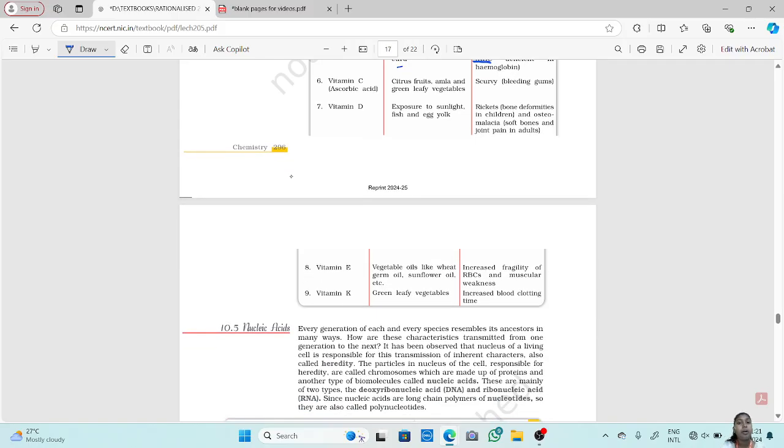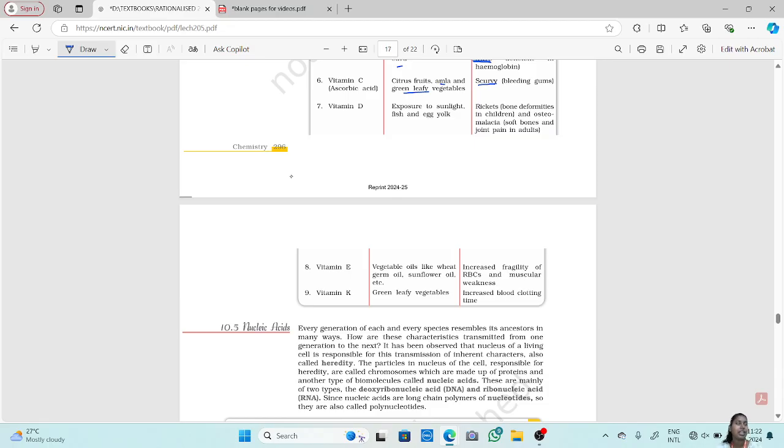Next is vitamin C or ascorbic acid. The main source of vitamin C, as everyone knows, is citrus fruits like lemon, orange, amla, and green leafy vegetables. The disease is scurvy, that is bleeding in the gums. Now vitamin D, from where can you get it?